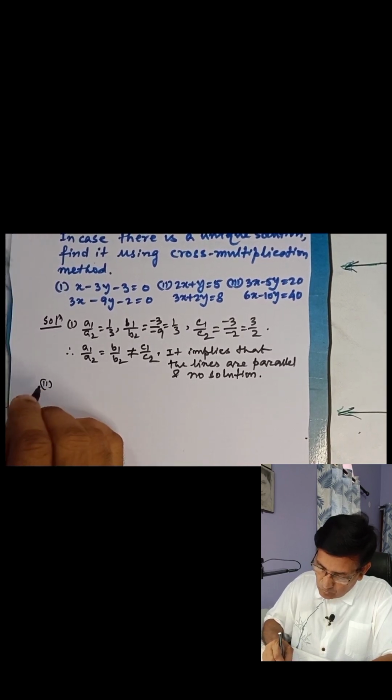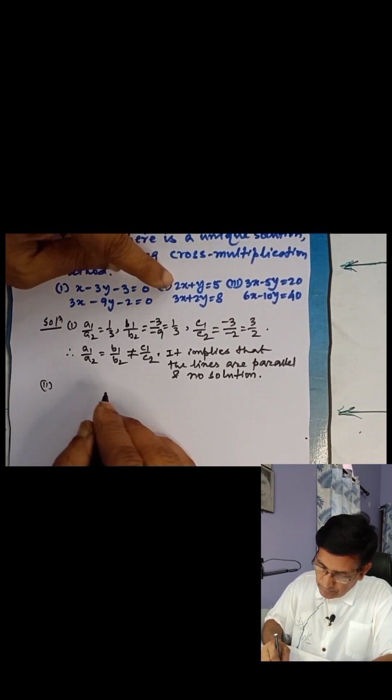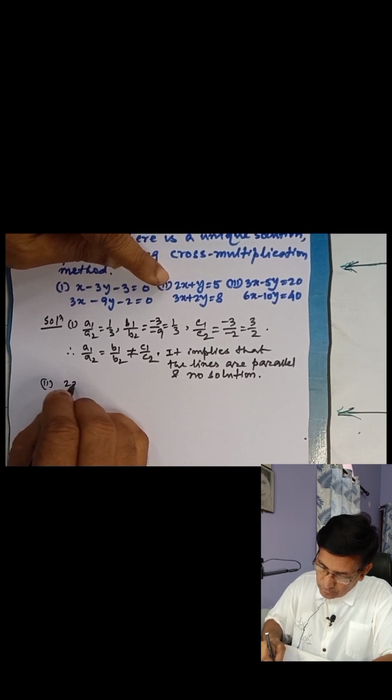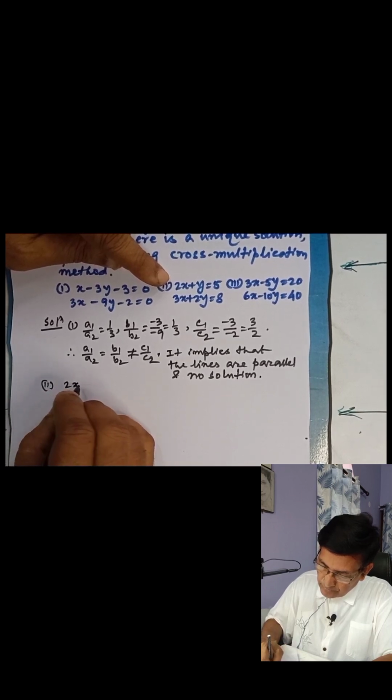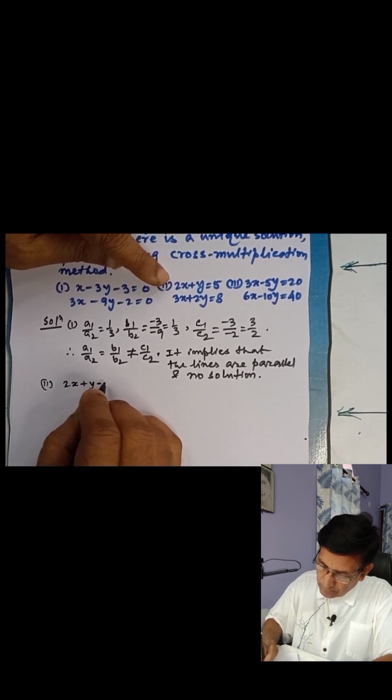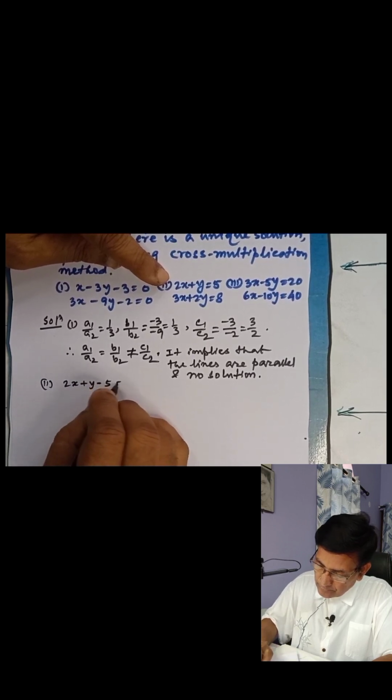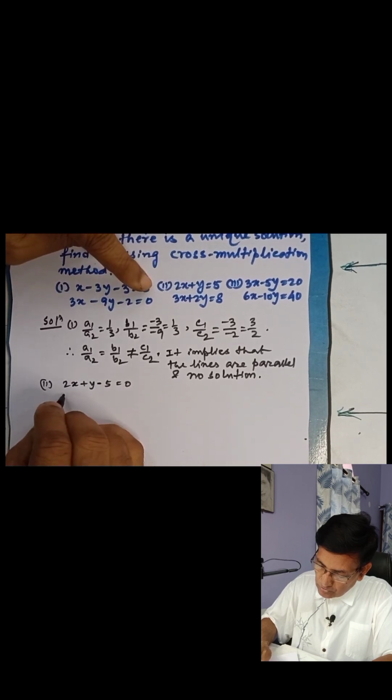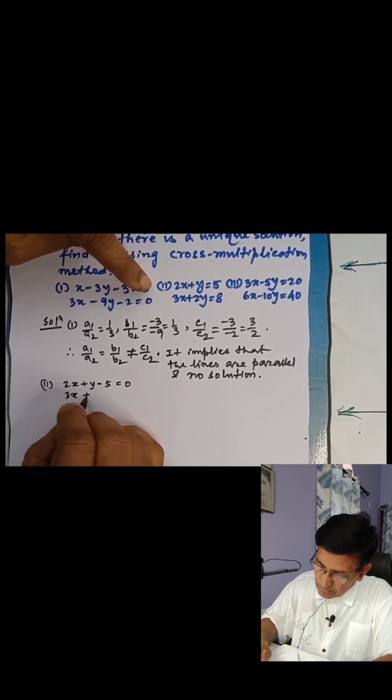Now number 2. 2x plus y minus 5 is equal to 0. 3x plus 2y minus 8 is equal to 0.